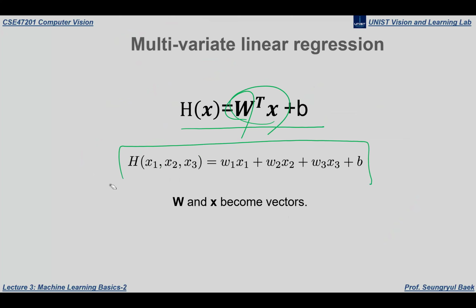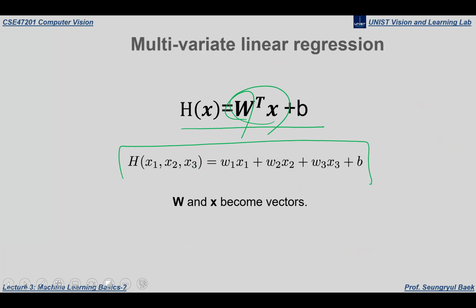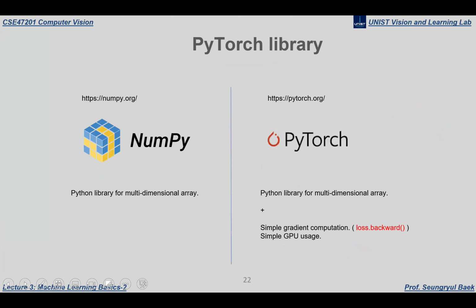This gradient descent algorithm is applicable to these extended multivariate cases as well. Now we will learn how to implement this type of optimization. We theoretically understand how linear regression can be optimized.